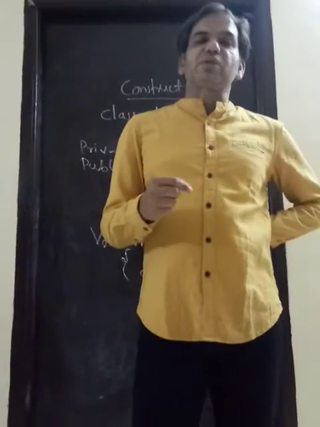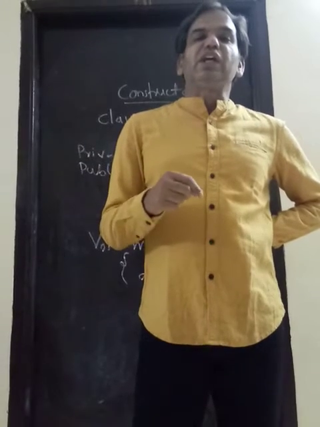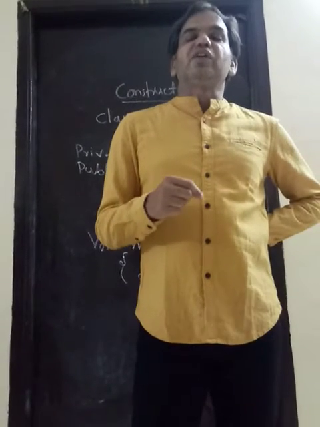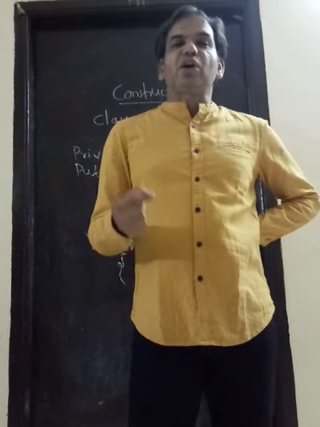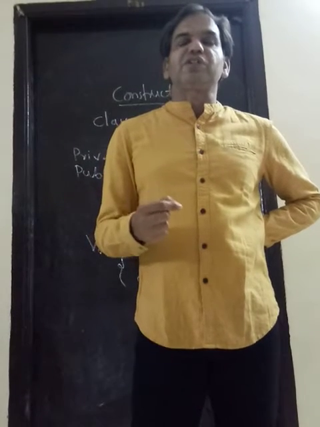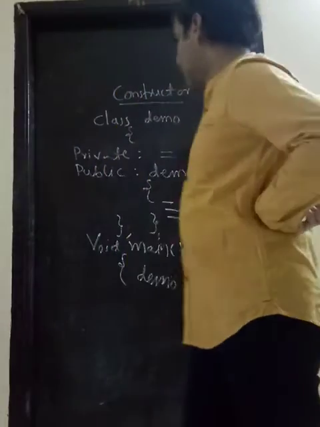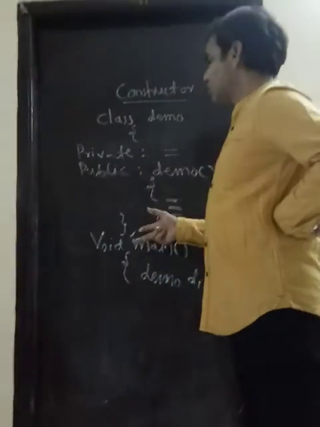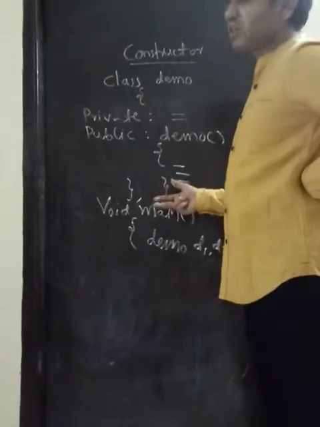It can receive parameters, but it does not have any return type. Third point, it will be executed when you create objects of the class. If you create 3 objects, the constructor member function will be executed 3 times automatically. So that is the need. This shows how we use the constructor member function in C++.